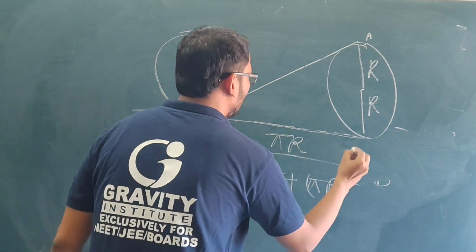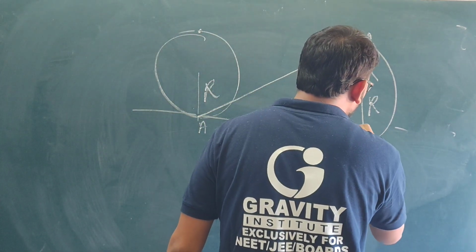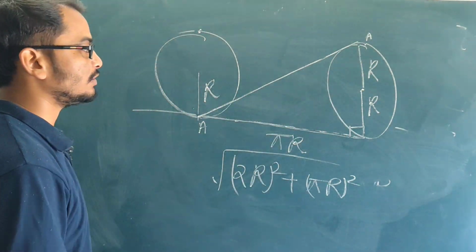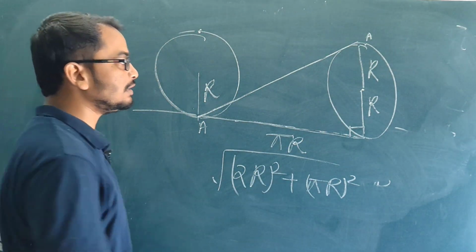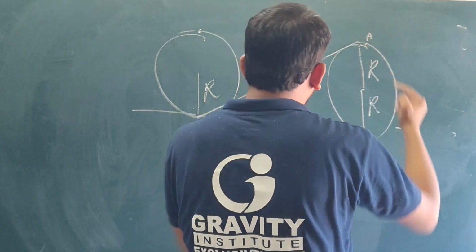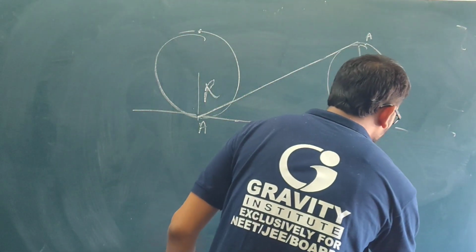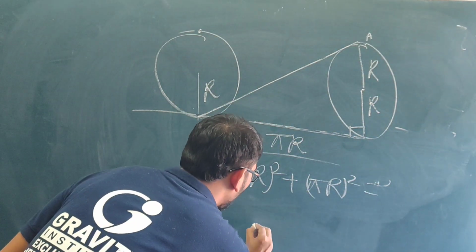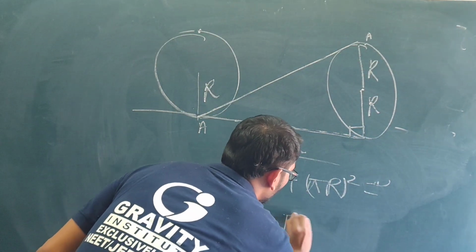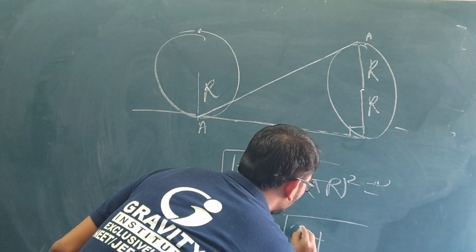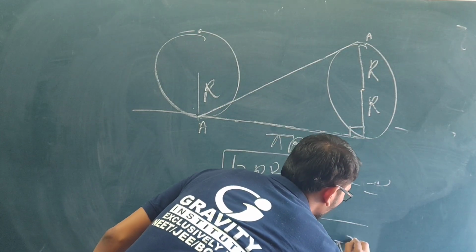Because it will be a right angle triangle, and this displacement will be the hypotenuse of the right angle triangle. This perpendicular will be 2r and this will be pi r. So we will calculate displacement. It will come out r square root of 4 plus pi square.